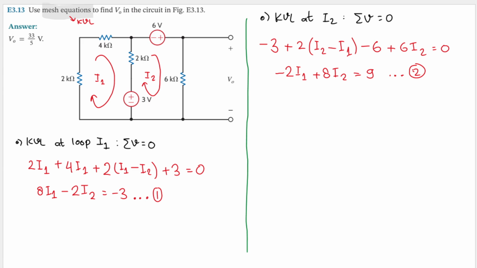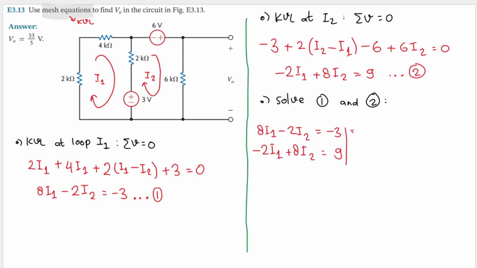Good. Now let's solve equation number 1 and number 2. Okay, let's rewrite that. So we will have 8I1 minus 2I2 is equal to minus 3, and then this one will be minus 2I1 plus 8I2, and that will equal 9.